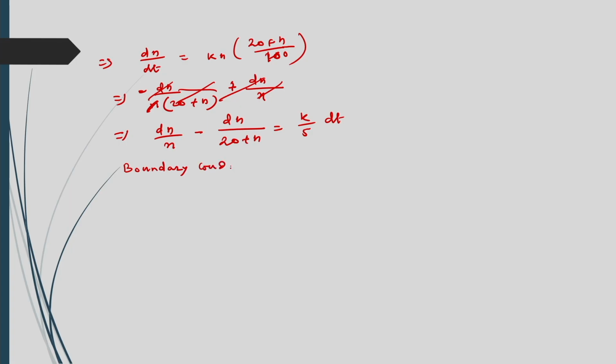Boundary condition as per problem: at time t0 equal to 0, N0 is equal to 20, and then at t1 equal to 3 hours, N1 will be equal to 15.